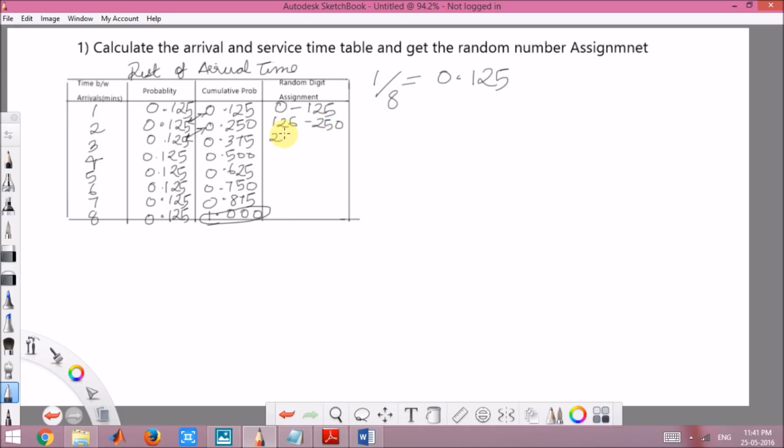And similarly, this will be 251 to 375, 376 to 500, 501 to 625, 626 to 750, 751 to 875, and finally 876 to 1. So anything above that comes here. Okay. So with this we get the random digit assignment. So this is helpful. This particular column will tell me where the random digits lie.